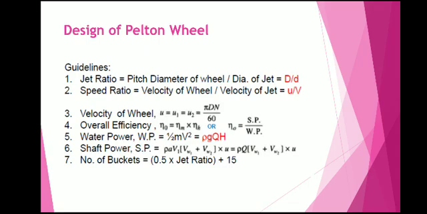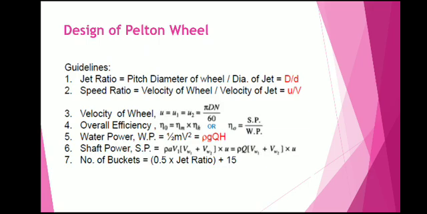Let's see the design of the Pelton wheel. These are the guidelines important for the GATE exam. First, jet ratio should be equal to the pitch diameter of the wheel divided by the diameter of the jet, that means capital D divided by small d.